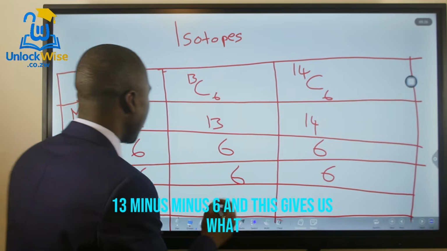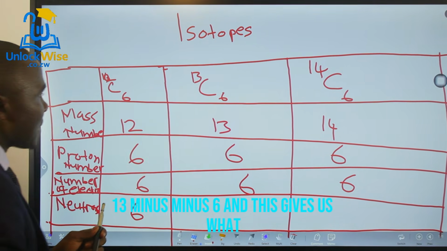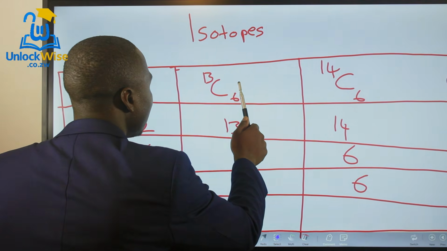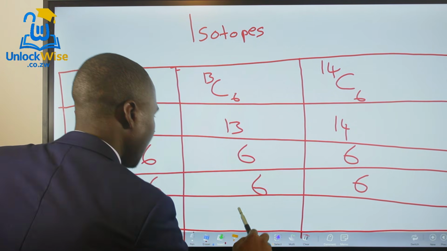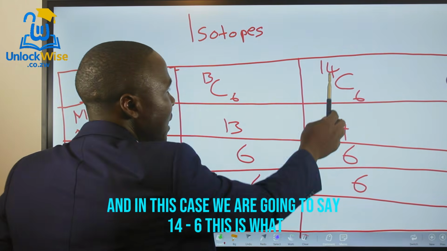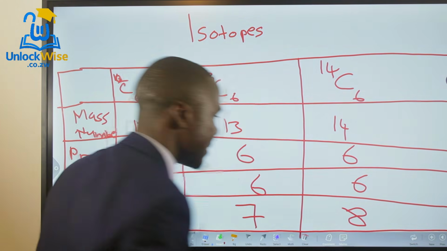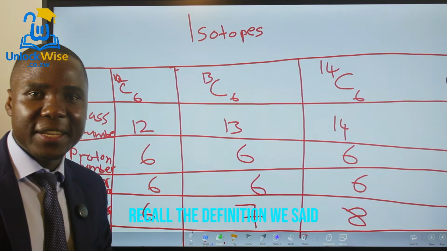And this gives us 7. And in this case, we are going to say 14 minus 6. This is 8.